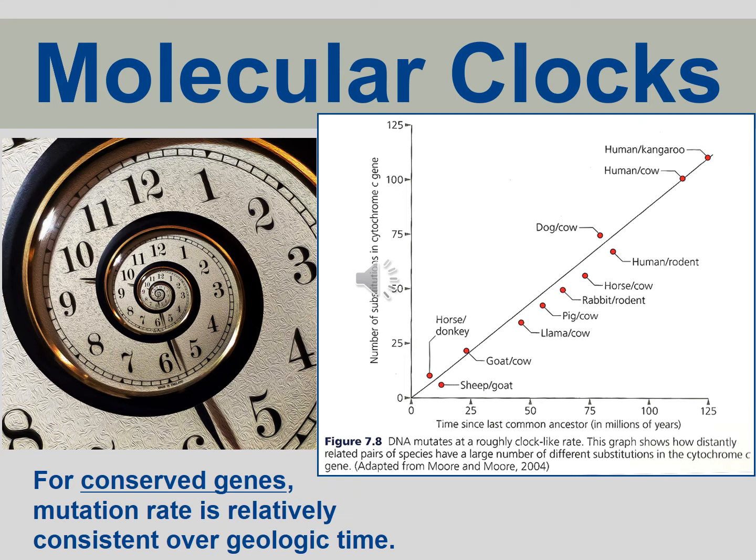And this is what's known as a molecular clock: for genes that don't change very quickly, those that are conserved, the mutation rate is relatively consistent over geologic time. So you can look at, for instance, the organisms that are compared with humans. On this chart, it shows a human and a kangaroo, a human and a cow, and a human and a rodent.